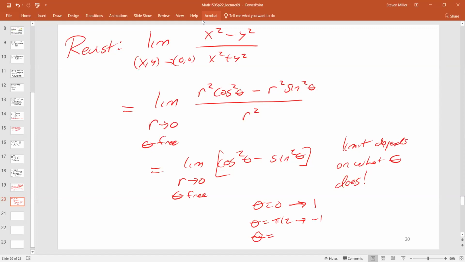We did 0, we did pi halves. Could do pi. I would do something else. Pi over 4. If we do theta equals pi over 4, then we'll get 0. And so we see that depending on how we choose to approach, we can get very different answers.